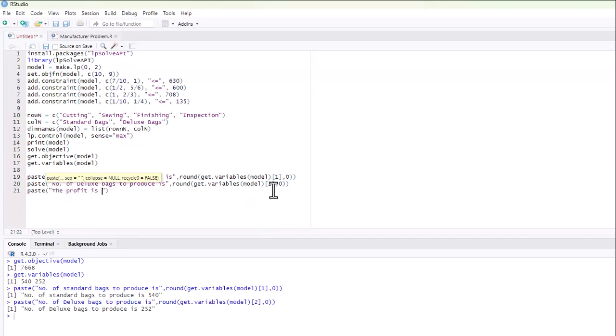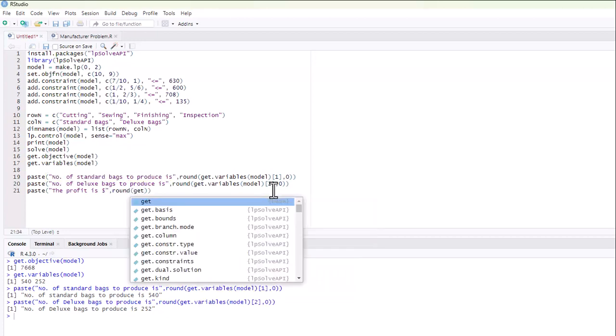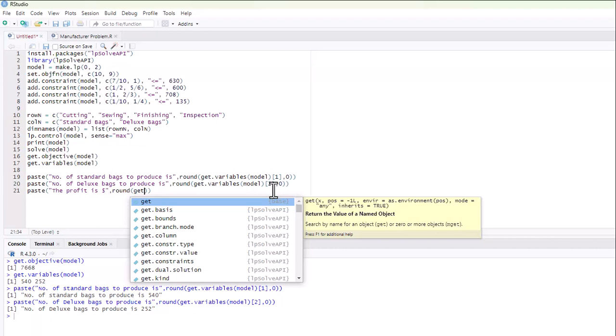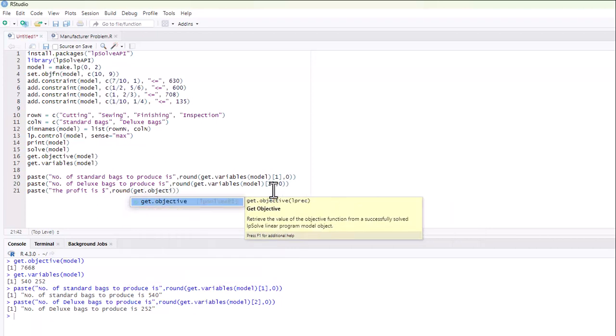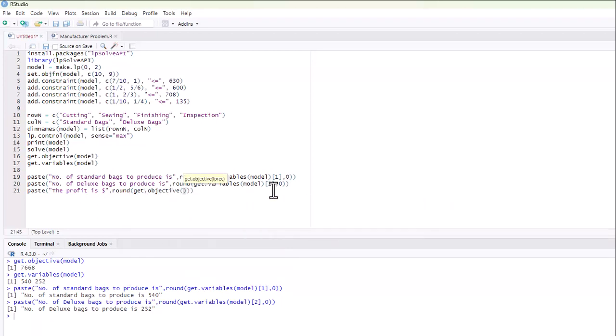The profit is dollar sign, round get objective model till 0 decimal places. So yes, it's done. So here's how we do our linear programming function in RStudio.